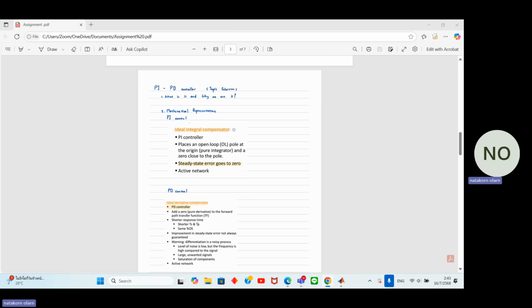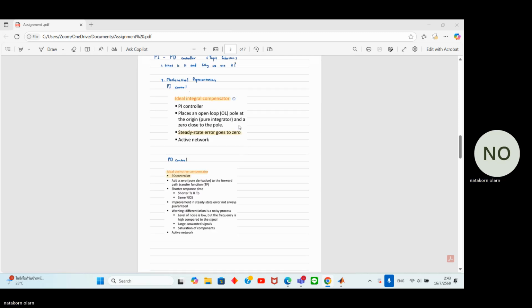PI control can stop the system from fluctuating, and it is also able to return the system to its set point. The PI method is adding a zero and pole in the system, and it will make the steady state error go to zero.